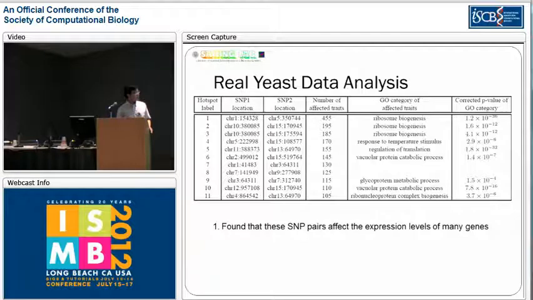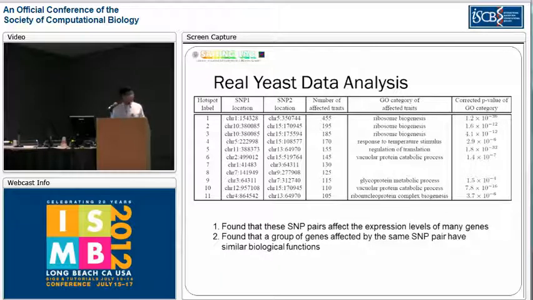For example, the 11th hotspot affected more than 100 gene traits. And we also found that a group of genes affected by the same SNP pair have similar biological functions. For example, out of 11 hotspots, 9 of them had enrichment of GO categories with significant p-value.